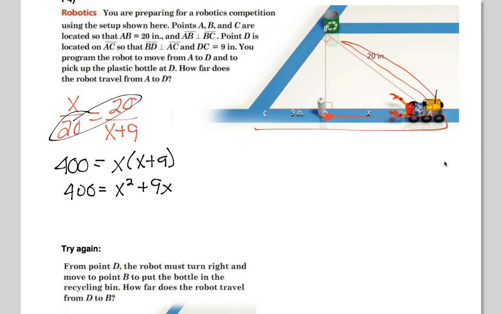This is quadratic. We're going to subtract 400 from both sides. So that's x squared plus 9x minus 400 equals 0.